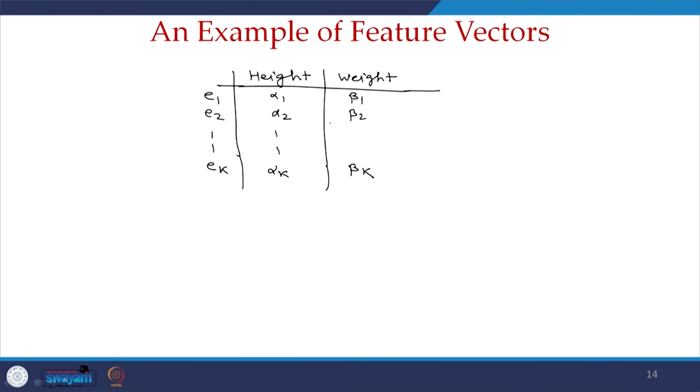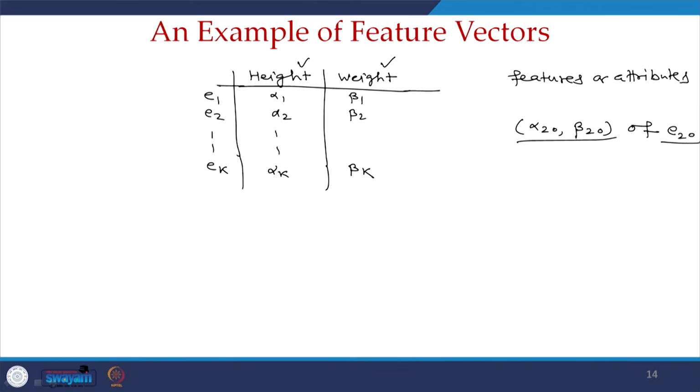For this data set, E1, E2, EK are observations or samples, and height and weight are features or attributes. Now, if I take any row corresponding to any sample, let us say (alpha 20, beta 20), it is the feature vector of the 20th employee, E20. In that way, for each data set we will make the feature vectors.